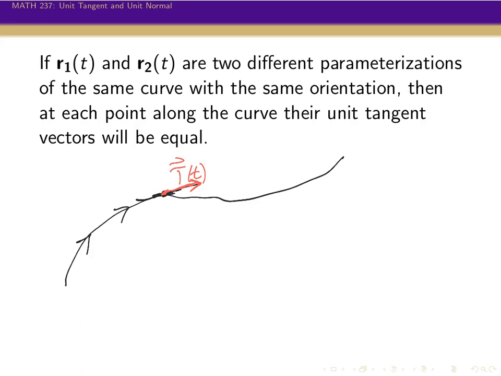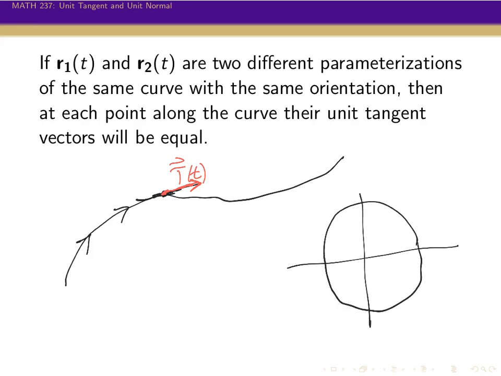Right? And so if you think unit tangent vector, it's a unit vector. Unit vector means it's lying somewhere on the unit circle. And so in this case, it would look something like this. And as t changes, we're just going to be getting different vectors, all different unit tangents as t goes on.